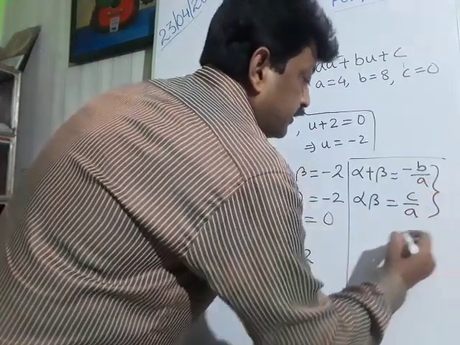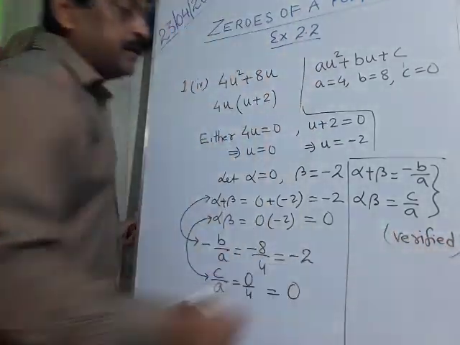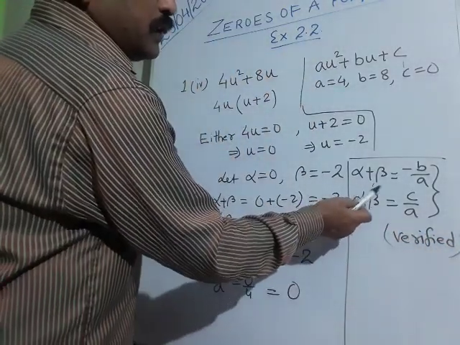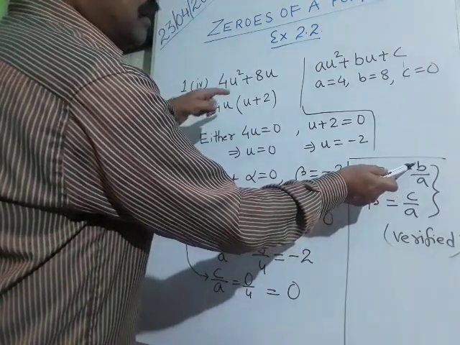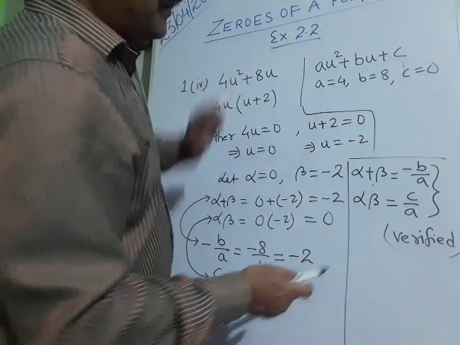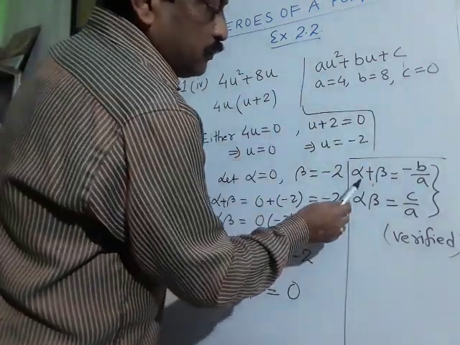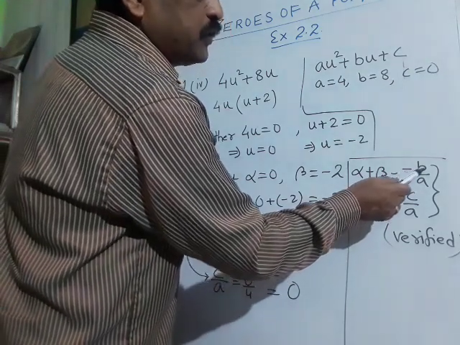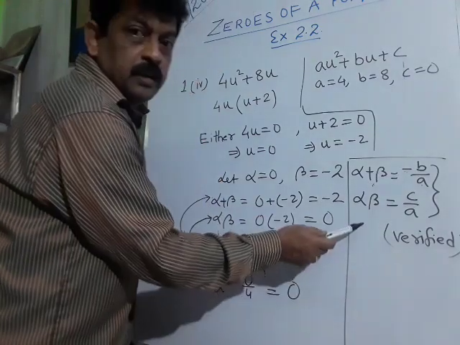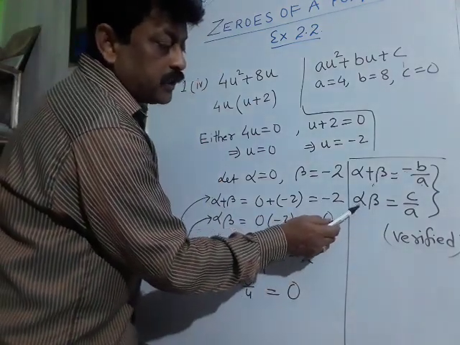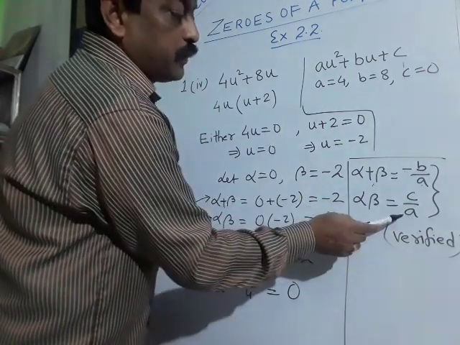This is verified. In other words, sum of the zeros equals minus coefficient of u by coefficient of u square, b being the coefficient of u and a the coefficient of u square. Similarly, alpha into beta, that is product of the zeros, equals constant term by coefficient of u square.